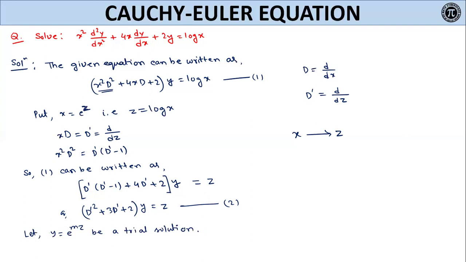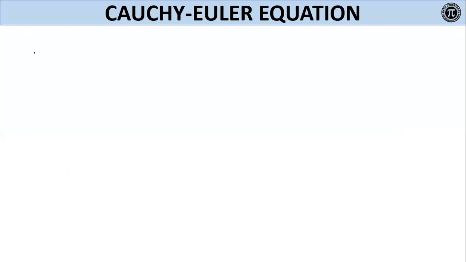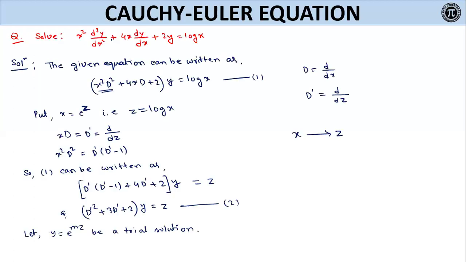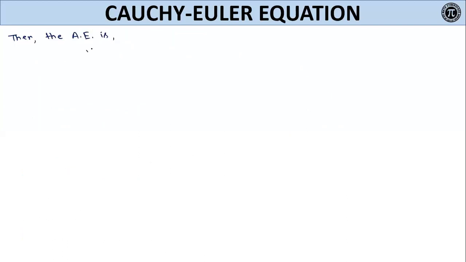Then the auxiliary equation is, just write m in place of D dash, so this will be m square plus 3m plus 2 equals 0.